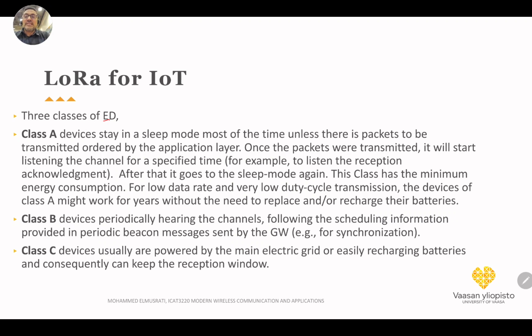Also, class A devices usually have a low data rate and a very low duty cycle transmission. What we mean by duty cycle is the percentage of time that the device is transmitting out of the total time. Most LoRa applications in the standard should support only a 1% duty cycle. 1% means that within 1 hour, which has 3,600 seconds, the ED device should be transmitting only 36 seconds.